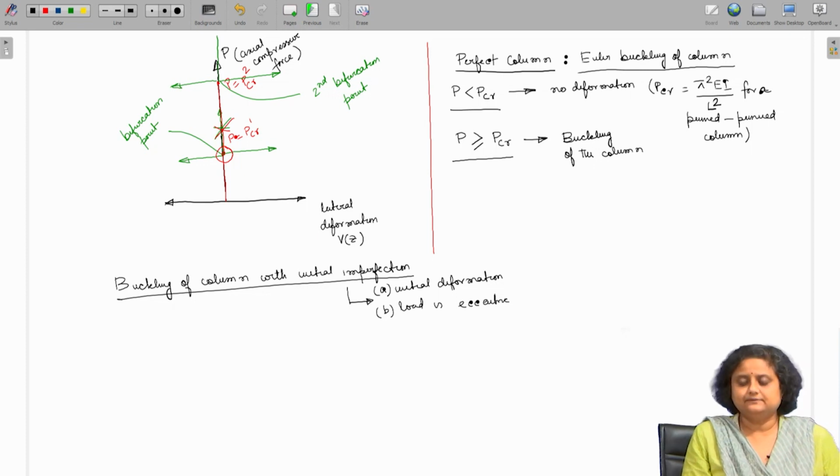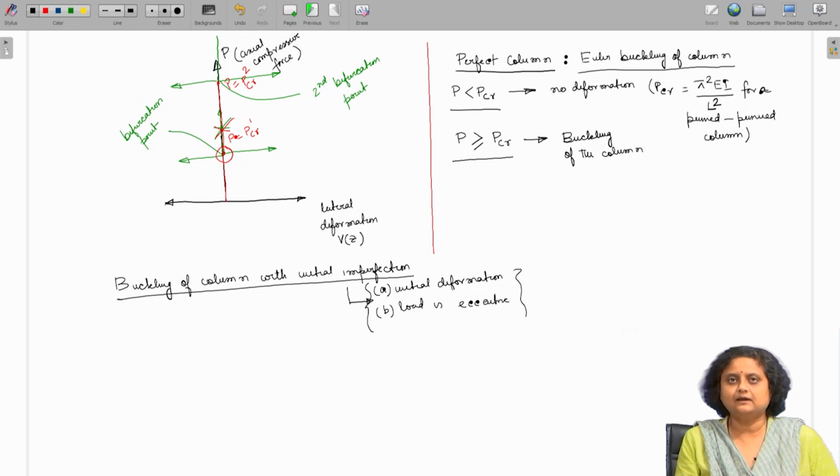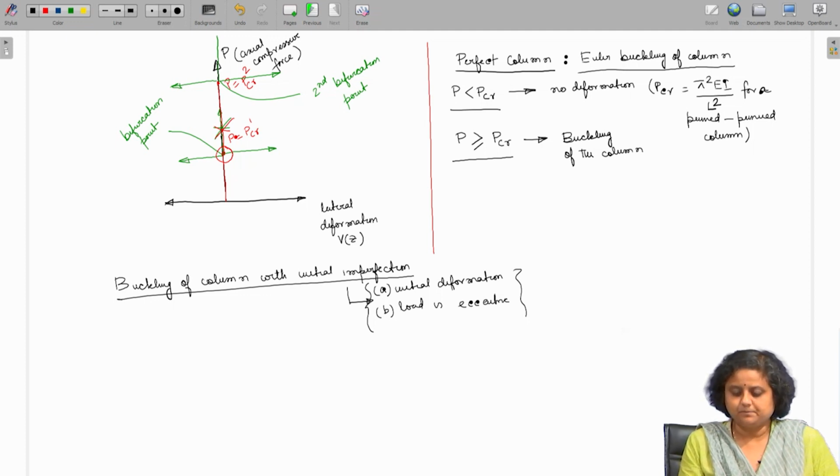These are the corollaries of the theory that we have just studied, which we will be studying in the coming lectures on buckling.